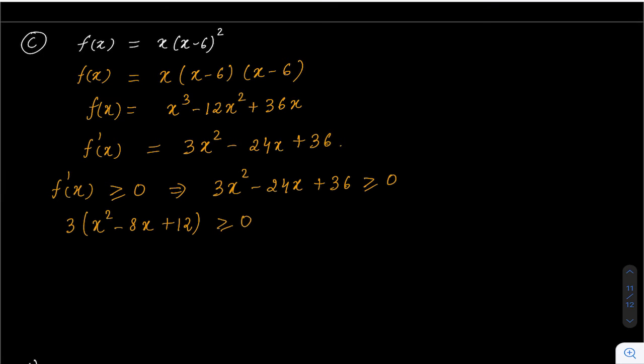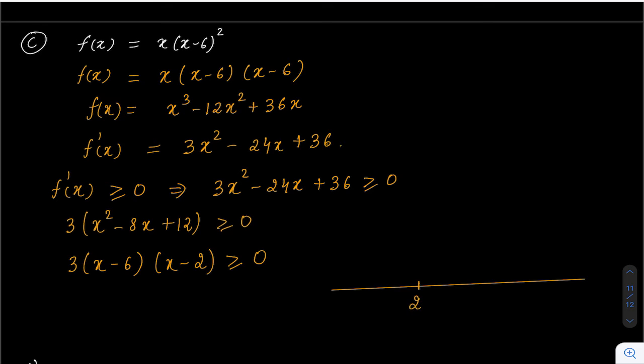Now I have to think of factors. 6 and 2. So I make factors (x minus 6)(x minus 2). Now again the same thing. We draw a line and then we mark the critical points. And then we see in which region it is positive. So this is my point 2. This is my point 6.